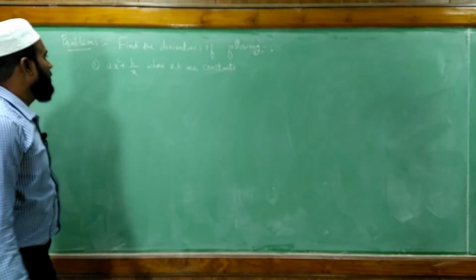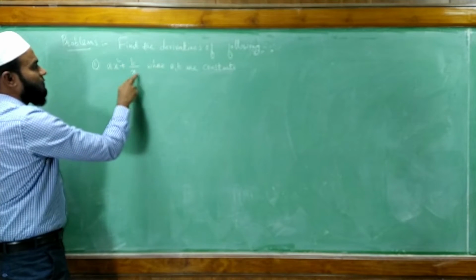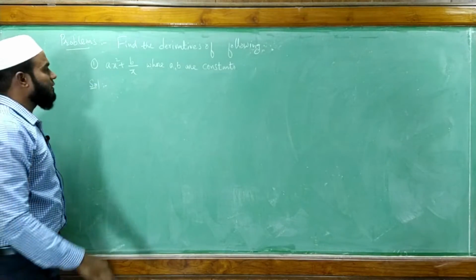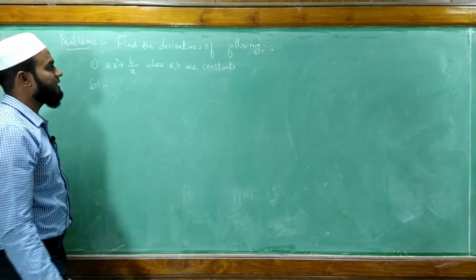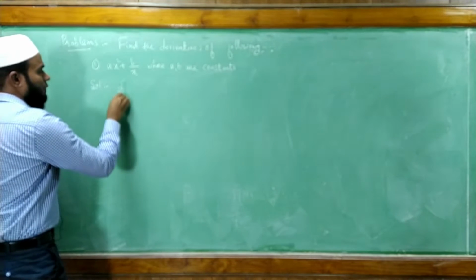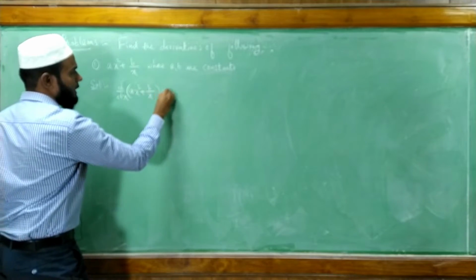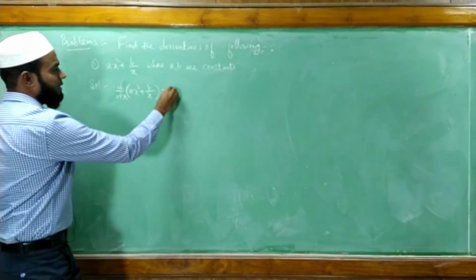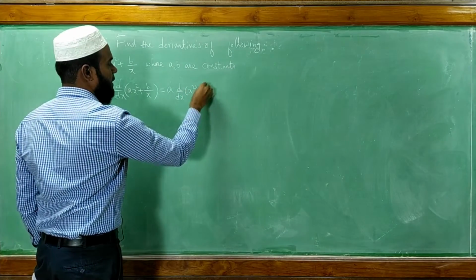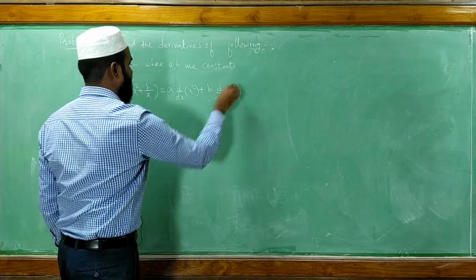What is the question? We have to find the derivative of the following, means this one, ax square plus b by x, where a and b are constants. x is only the variable, means we have to differentiate the variables, we have to keep the constants as they are, right? Okay students, we have to find d by dx of ax square plus b by x, which is equal to, a is a constant that should be kept as it is, then d by dx of x square, plus b as it is, then d by dx of 1 by x, right?